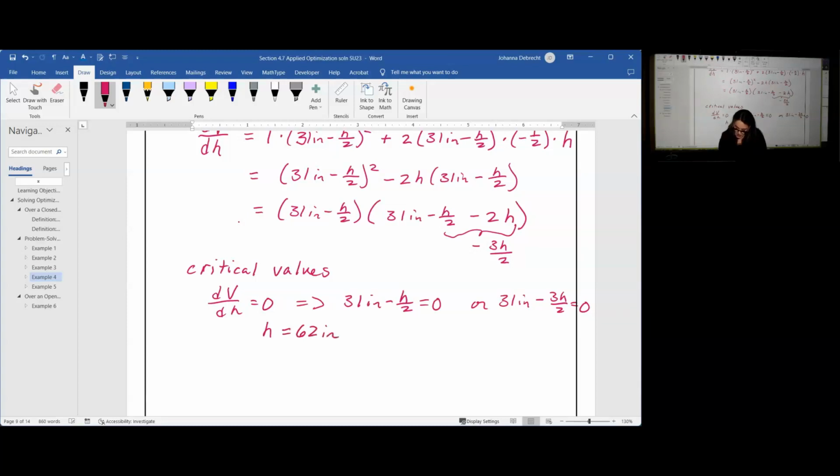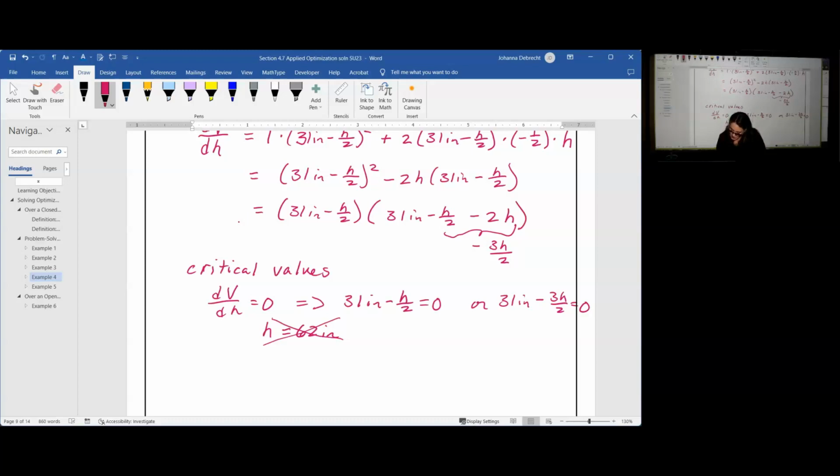In the first one, I get H equals 62 inches, which I know will not work because the length plus the width plus the height has to be less than or equal to 62. I can't put everything into the height or I won't have a box. That would actually give me a minimum volume of 0, so it must be a relative minimum.